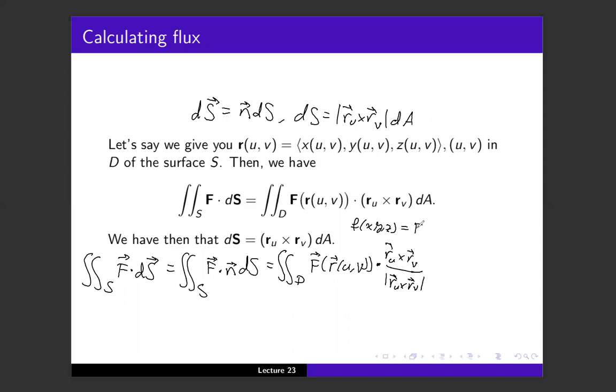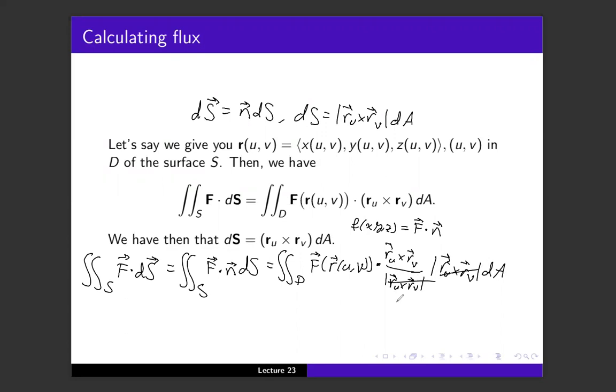Now in this instance, we're saying that f of x, y, z is the scalar f dot n, which is a scalar, so that makes sense on this surface, times the magnitude of r_u cross r_v dA. That just comes from the same old system that we had before when we were looking at scalar surface integrals.